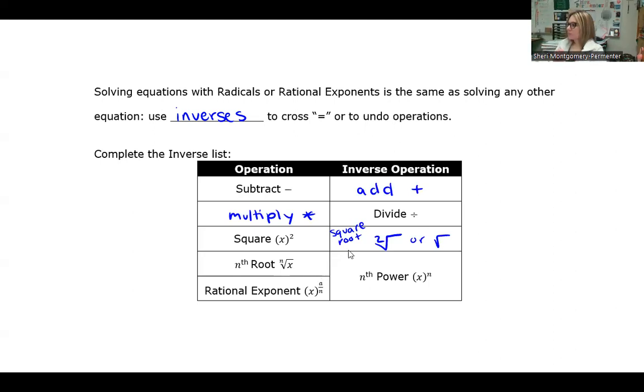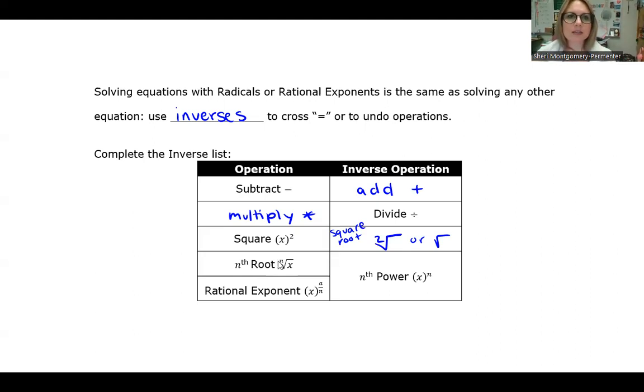The reason is because last class, remember how we learned that everything to a fraction exponent or a rational exponent can be rewritten as a radical, right? It's part of your homework. You can rewrite a root as a rational exponent or a rational exponent as a root because they're the same. It's just a different way to write something.